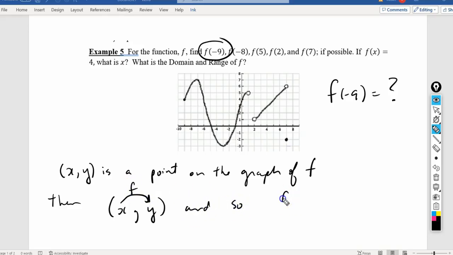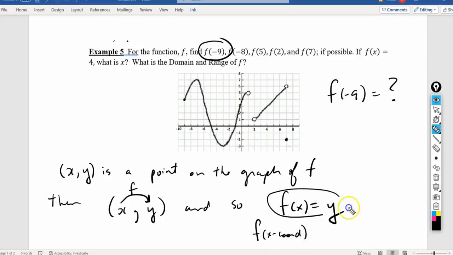And so f evaluated at the x-coordinate is equal to the y-coordinate. So that's kind of a shorthand, but f evaluated at an x-coordinate is equal to a y-coordinate. So the important thing is that x comma y is a point on the graph.